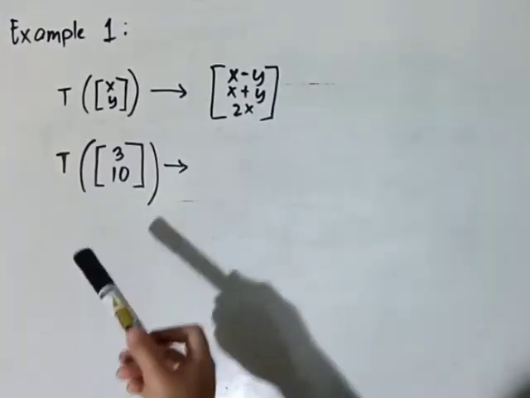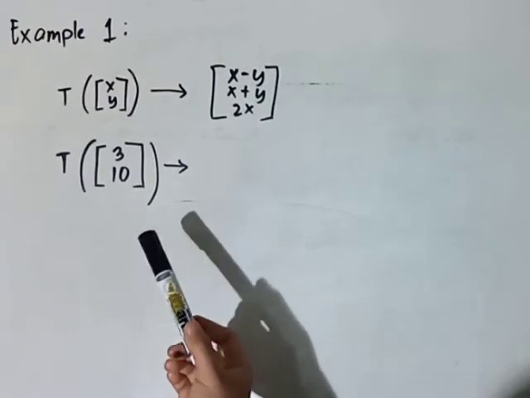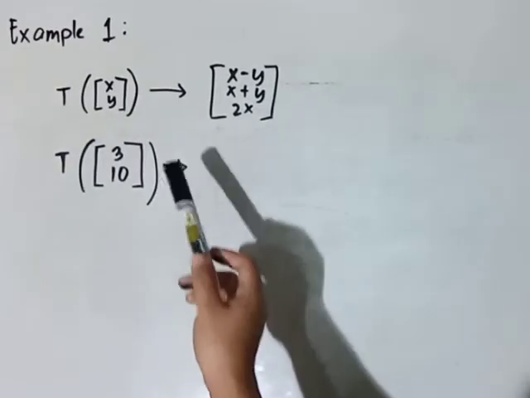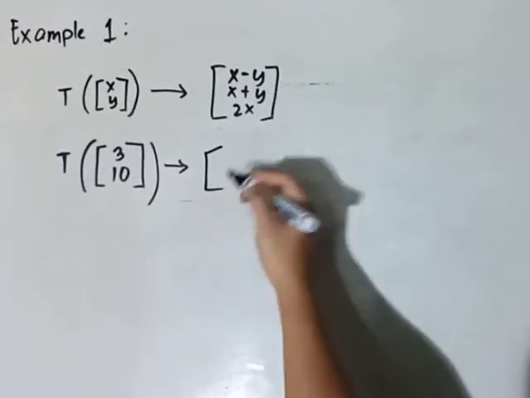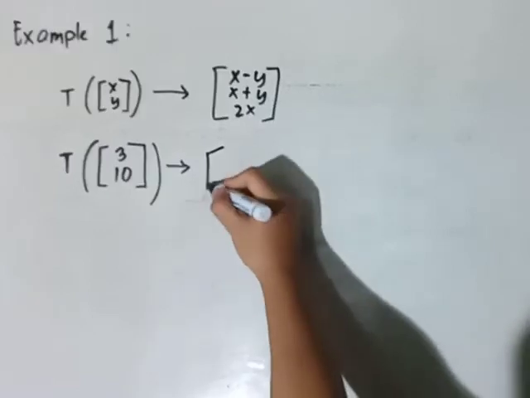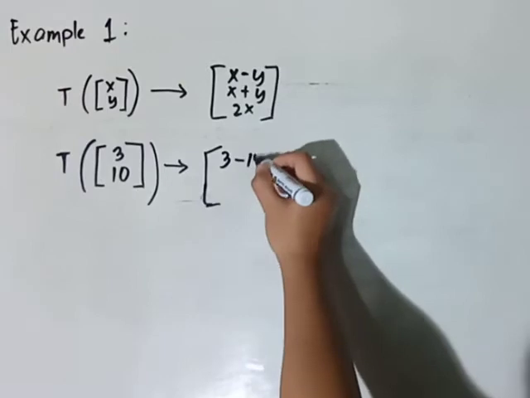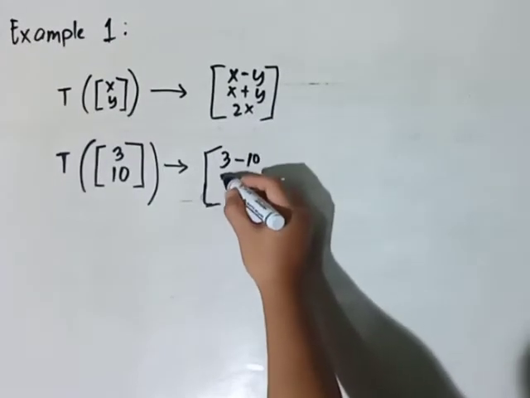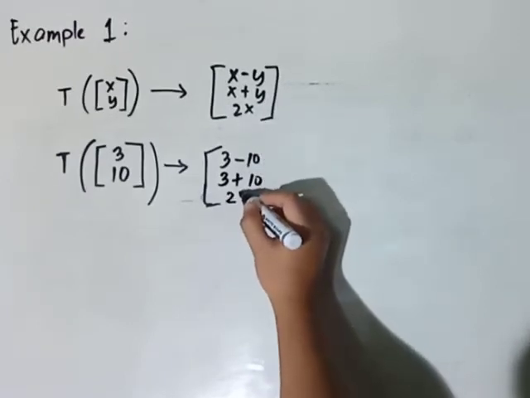If we assign numbers as components in this transformation, let's say 3 and 10, we transform this vector based on the rule of this transformation. First we get the first component, 3, minus the second component, and then add the two components, 3 plus 10, and twice the first component.